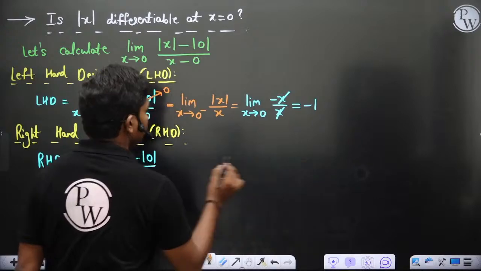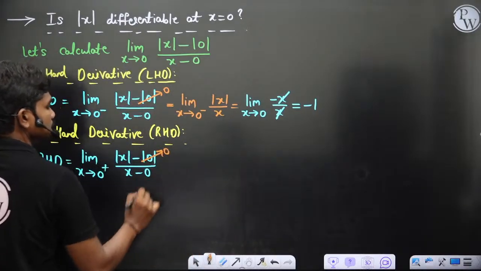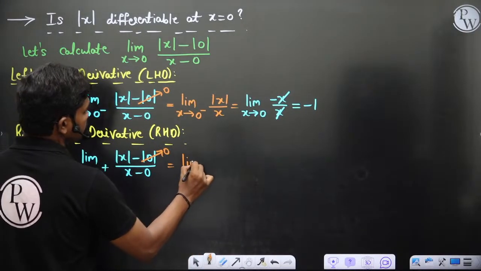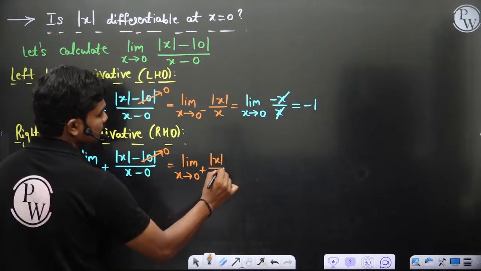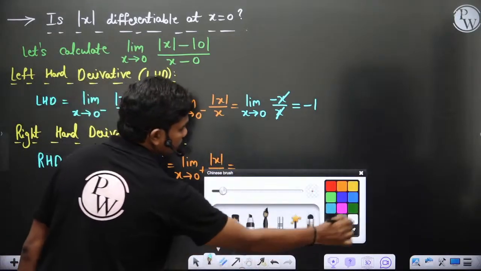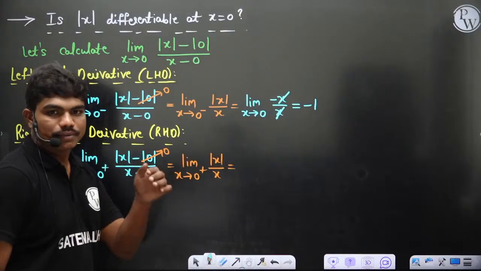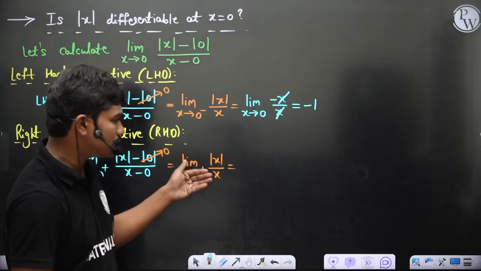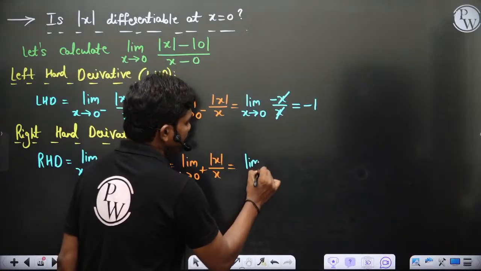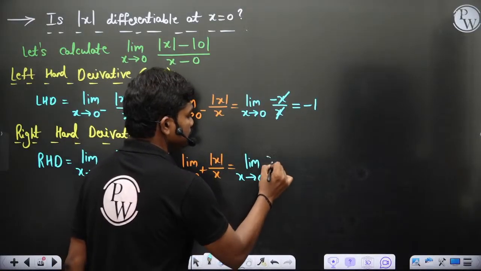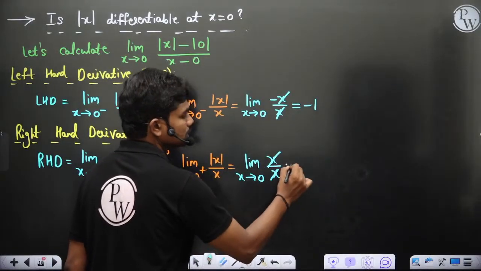Okay, and this mod 0 is 0, clearly. Limit x tends to 0 plus mod x by x, this is what you get. Now clearly this x is tending to 0 plus, that means x is more than 0. So if x is more than 0, this mod x is equal to plus x. So limit x tends to 0, x by x, and clearly this gets cancelled, which is equal to 1.